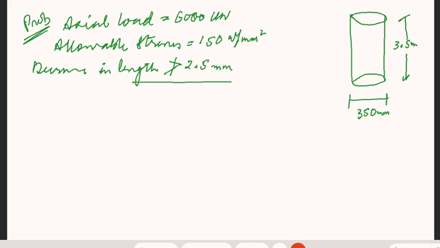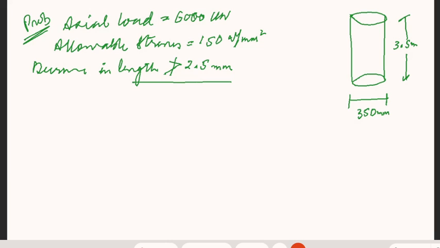That means up till 2.5, the structure will be safe, and beyond that, the structure can fail. It can only take this amount of change in length, that means decrease in length.